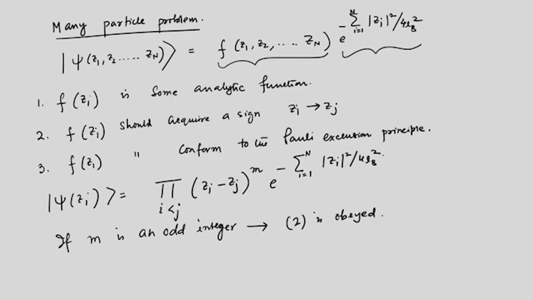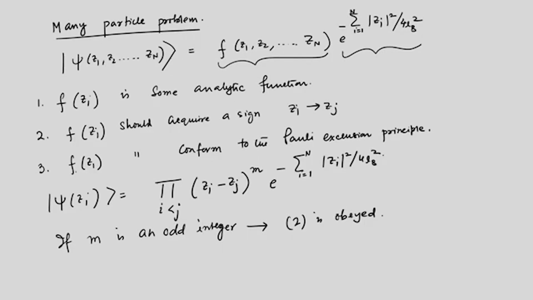And remember that in the Laughlin states m is actually an odd integer. Okay. And why is 3 obeyed? 3 is obeyed because if i is equal to j, then this quantity is actually 0 m times. So this really says that the exclusion principle is enforced m times, because it's not just a 0, but because of the product it's m orders of 0 that are there.